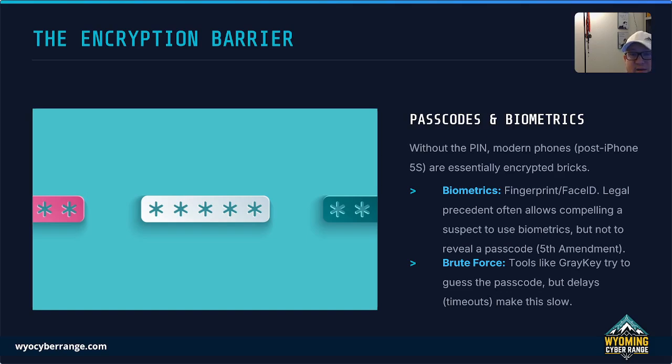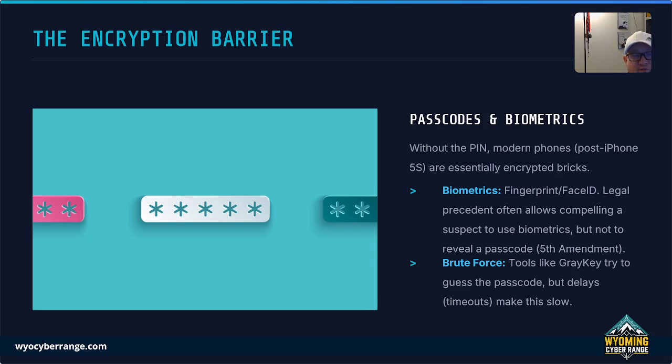We may need biometrics like Face ID or fingerprints, but there is a legal precedent in the US that generally takes the Fifth Amendment to law enforcement. So if a suspect unlocks the phone with biometrics, but not with biometrics, they don't have to give us the passcode. A lot of law enforcement will try to ask you, hey, will you unlock this phone for us? And you're allowed to do that.